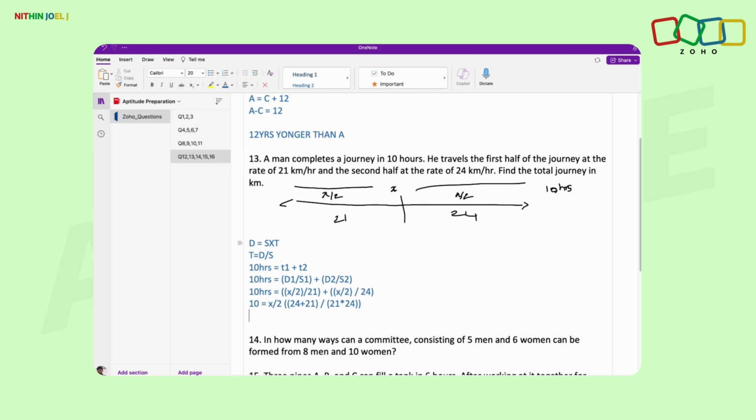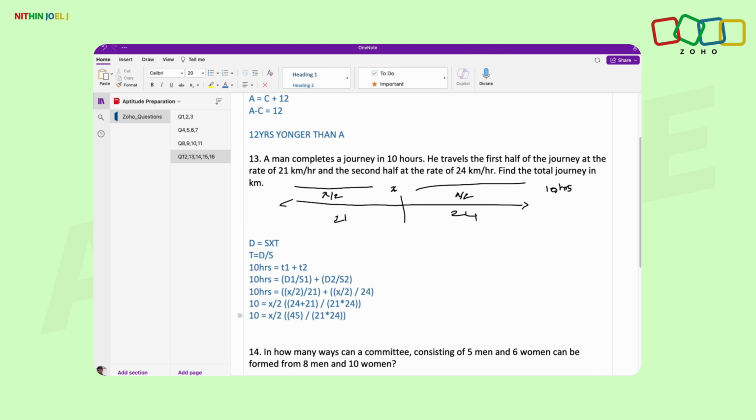Now we have 10 is equal to x by 2 into 45 divided by 21 into 24. It's 45 over here.